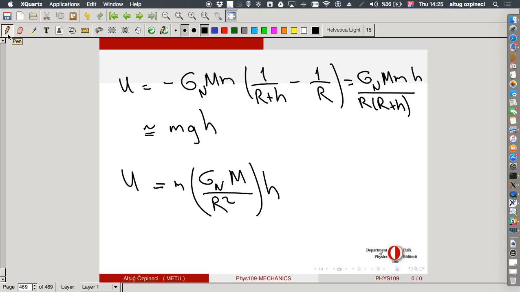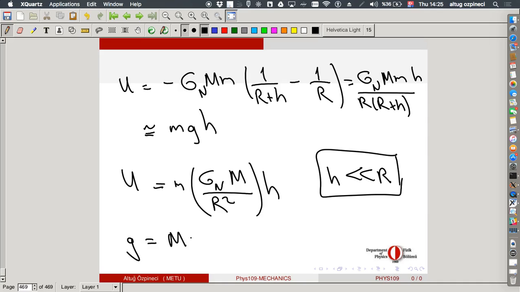It causes an error much smaller than we can measure with most equipment. So if we ignore it, U is equal to m times G M over r squared times h. This is the gravitational potential energy as long as h is much less than r.